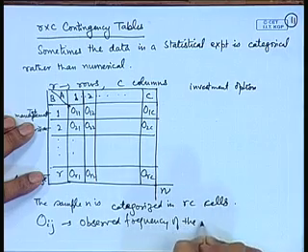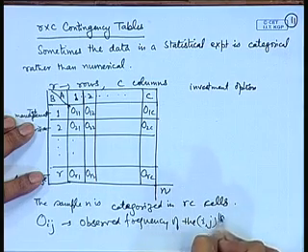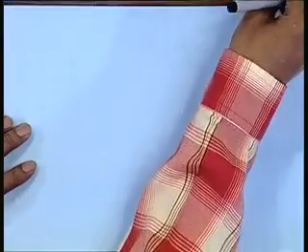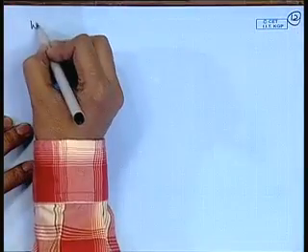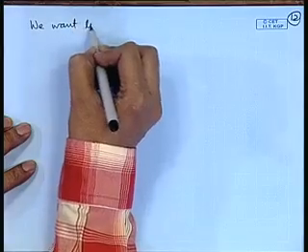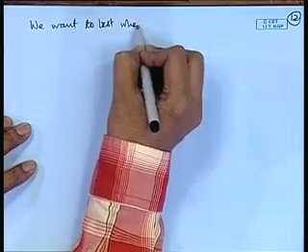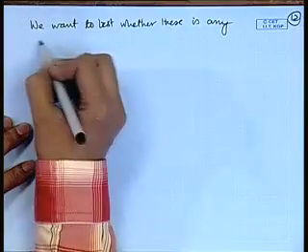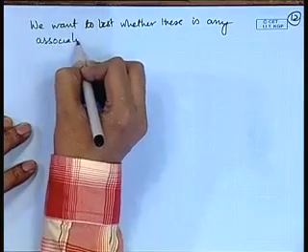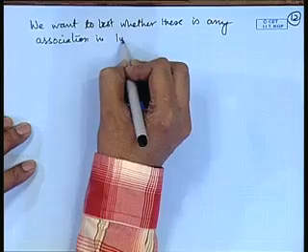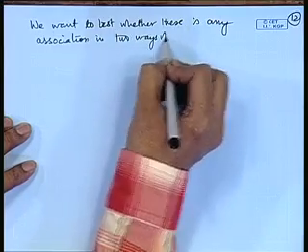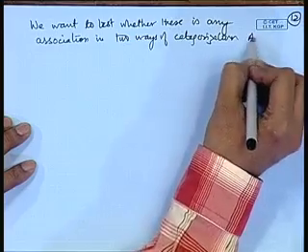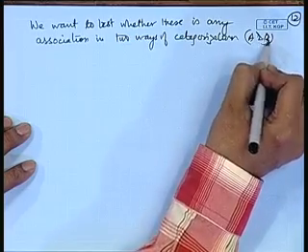of the ijth cell. What we want to test here is whether there is any association in 2 ways of categorization, that is A and B, whether A and B are having any association.